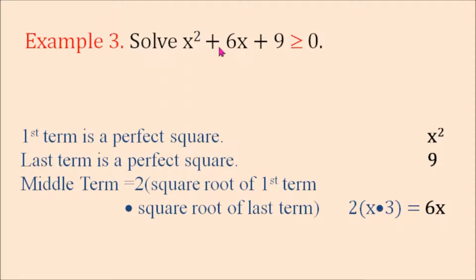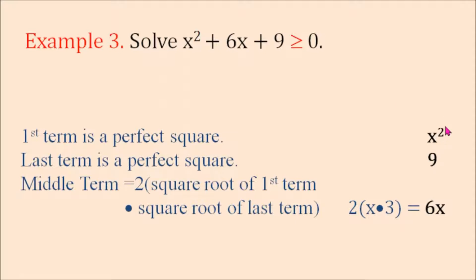Again, the sign of the middle term can either be positive or negative, meaning to say if we have x squared minus 6x plus 9, it is still a perfect square trinomial. Now, since it is a perfect square trinomial, it can be expressed as the square of a binomial. So how?